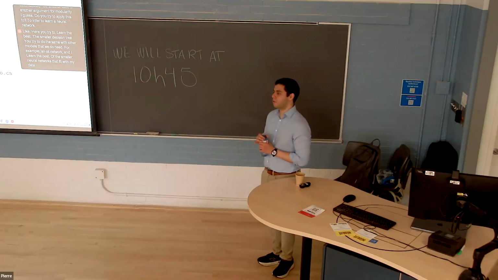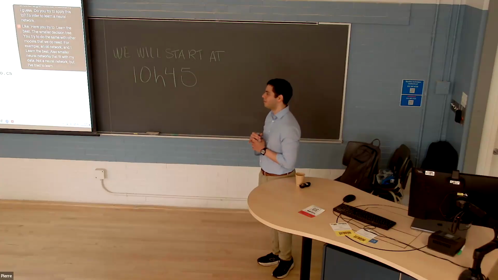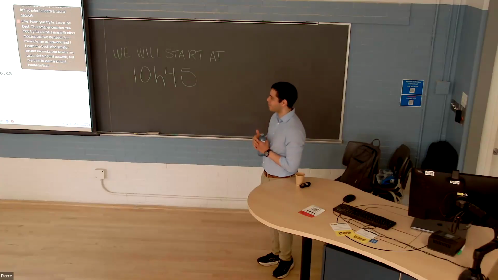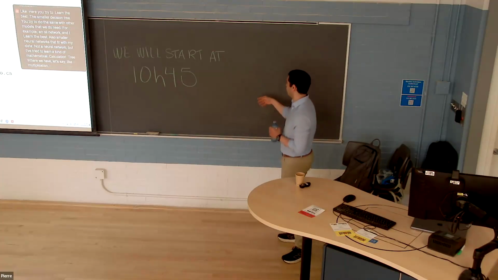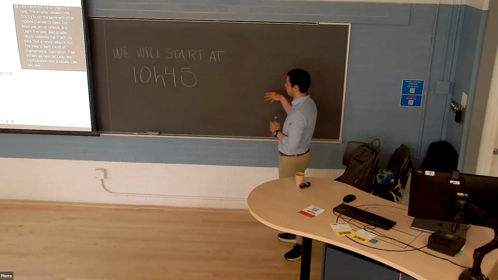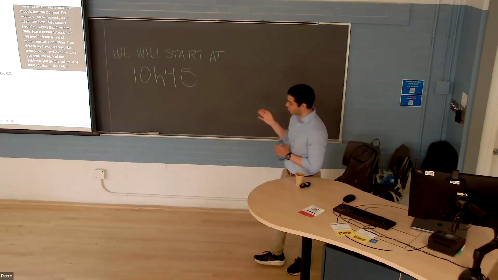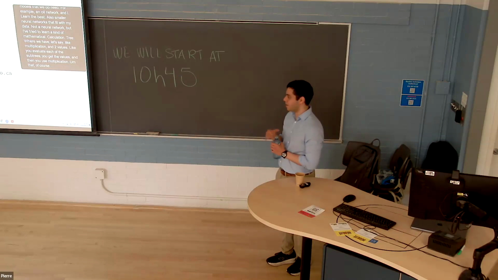Not a neural network, but I've tried to learn a kind of mathematical calculation tree where we have, let's say, multiplication and two values. You evaluate each of the subtrees, you get the values, and then you use multiplication. That, of course, wasn't purely supported by SAT.